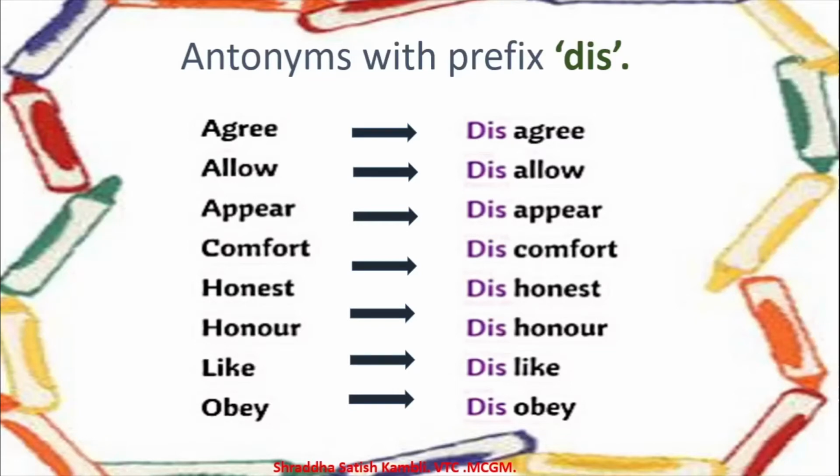Now children, there are certain good points as well as bad points in this format of teaching. But one good point is you can pause the video at any given point of time and you can read and reread it again. So you can learn at your own speed. Okay, so these were some antonyms with the prefix dis.